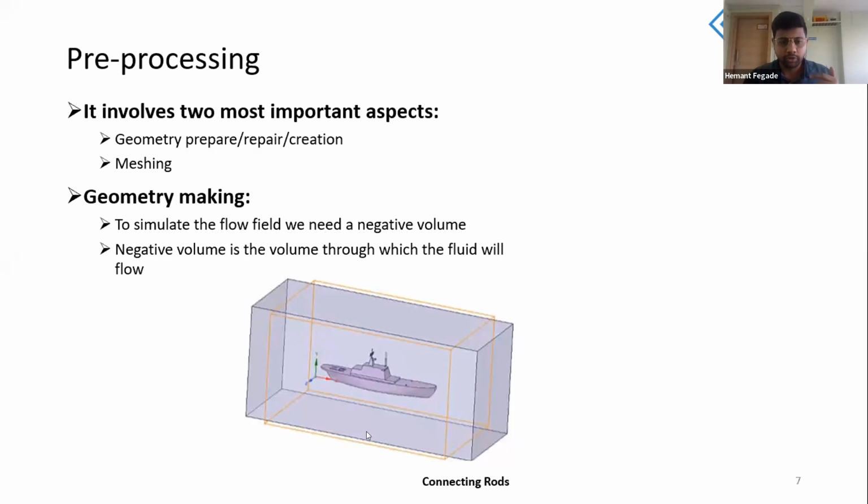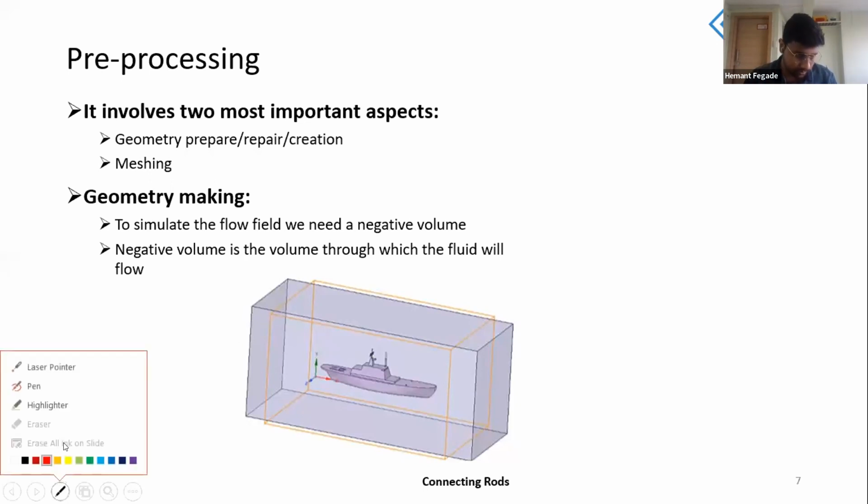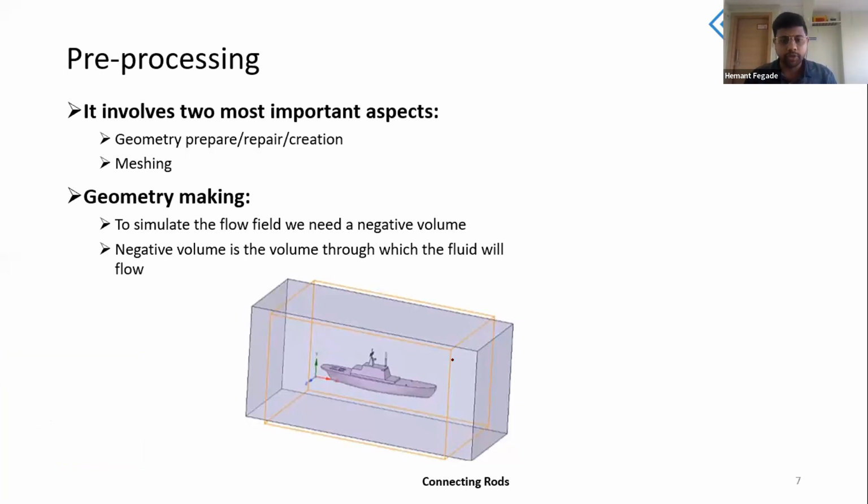So simply put, if my ship is moving in this direction, let me just use the pen, the air is going to be blown over the ship in this direction, right?